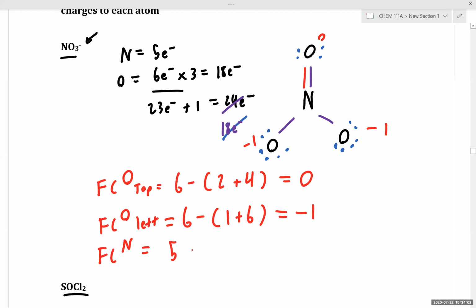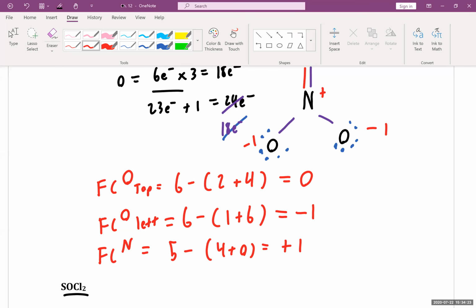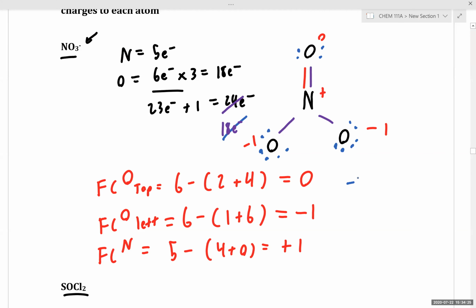Nitrogen's group number is 5. How many bonds is nitrogen forming in nitrate? 4, yep. And we have 0 lone pair electrons. That gives us a formal charge of +1. Now looking at all of our formal charges, we have -1, -1, +1.